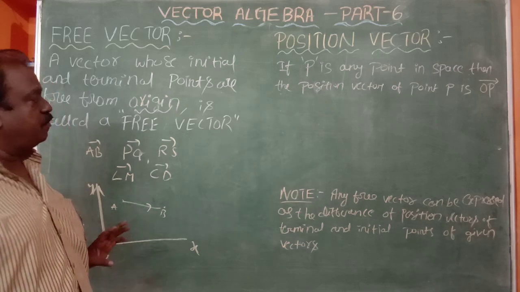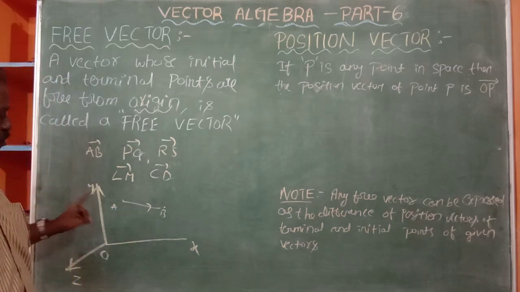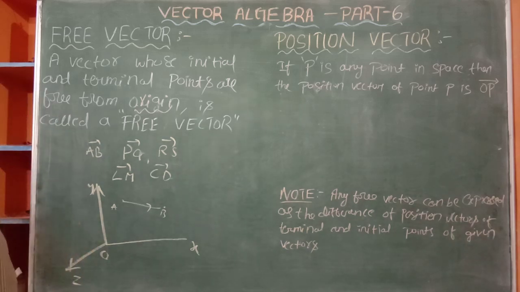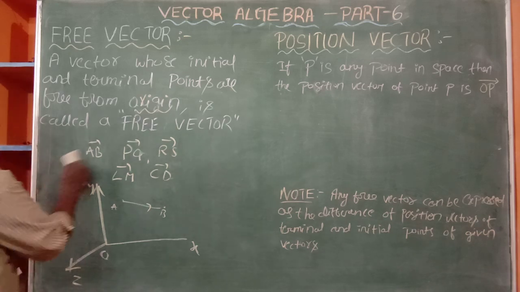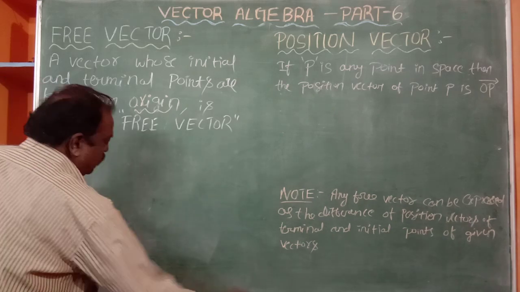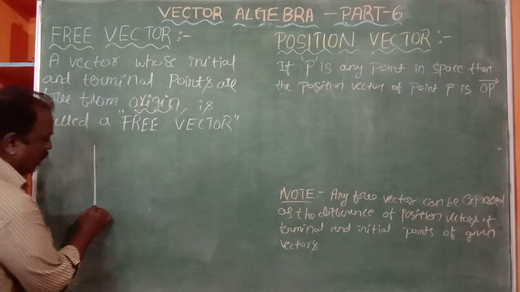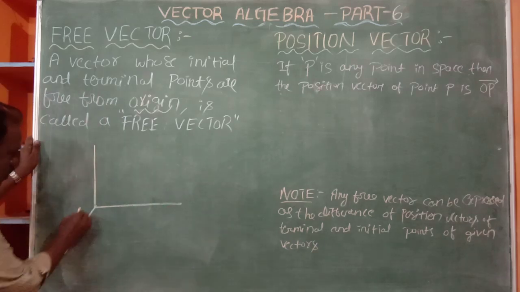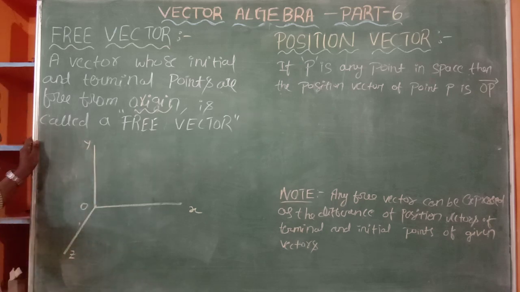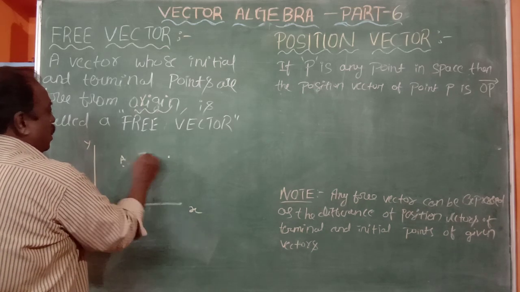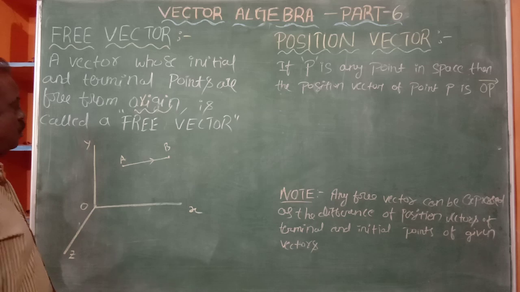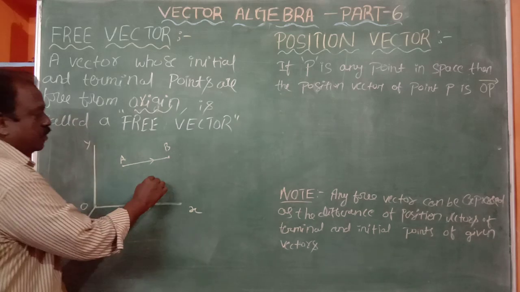Those vectors are called free vectors. Next, you write the diagram also. Diagrammatically, it is the origin, the x-axis, y-axis, and z-axis. Here is A and B. The direction is A to B. So AB bar is a free vector.